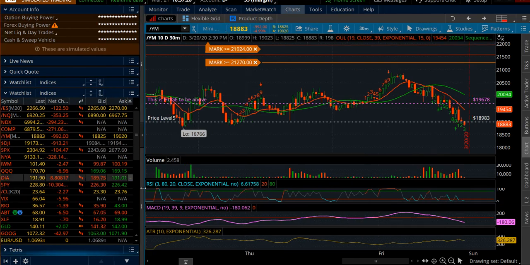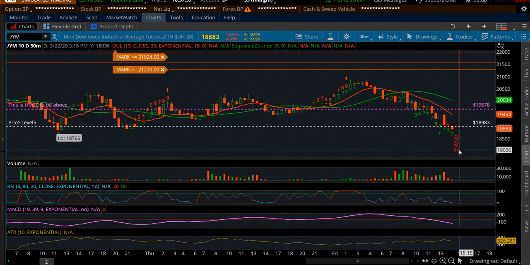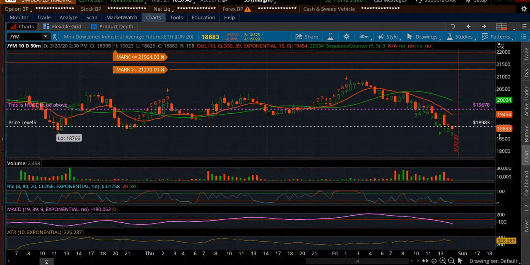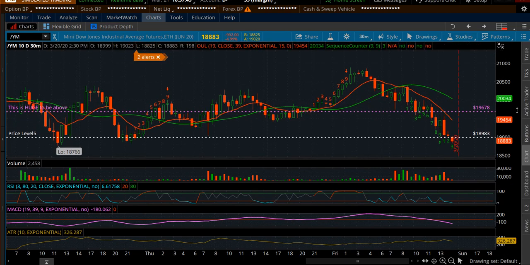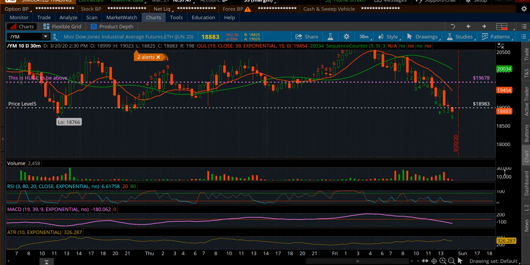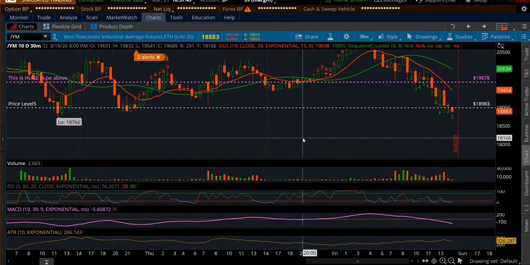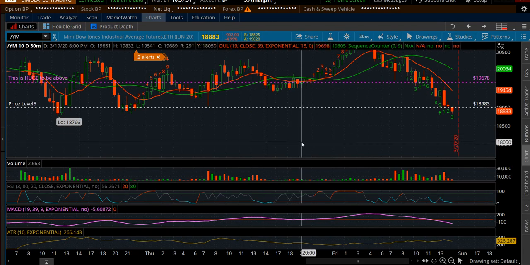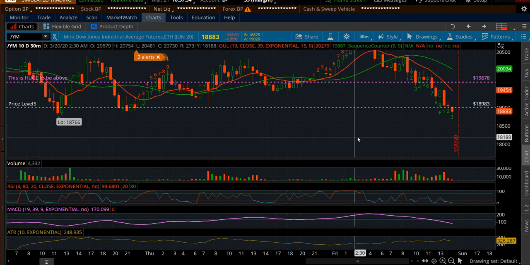So the Dow Diamonds 191.90 and the Dow 19.1. So pretty close to 10%. Say you wanted to take a trade in the Dow Diamonds. This is just hypothetical.